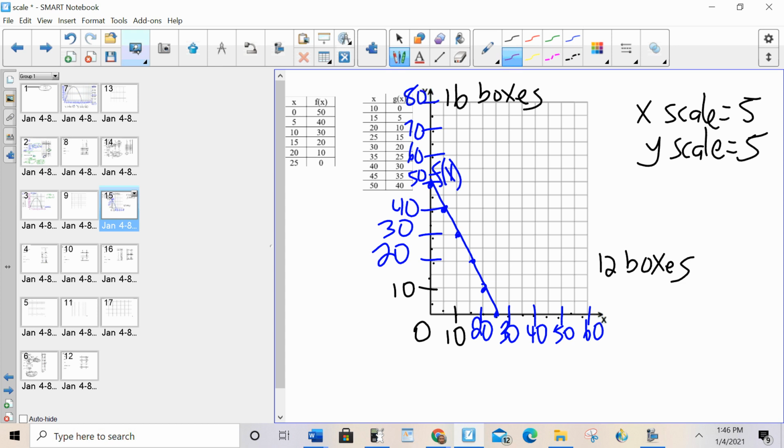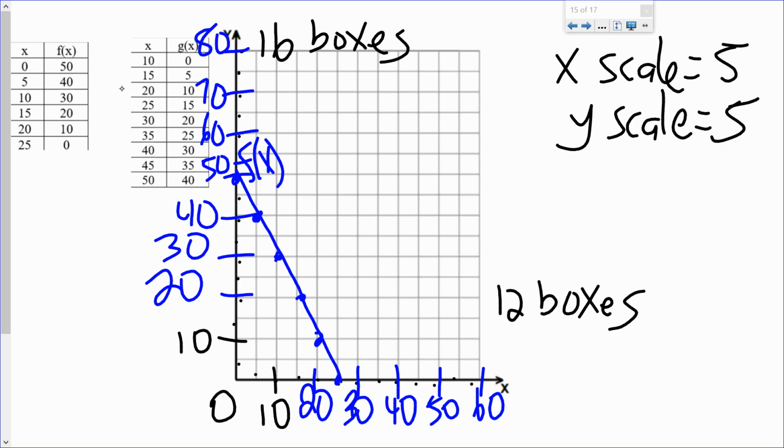Still purple. I'm going to now do g of x: 10, 0, 15, 5, 20, 10, 25, 15. We see this as another line. 30, 20.